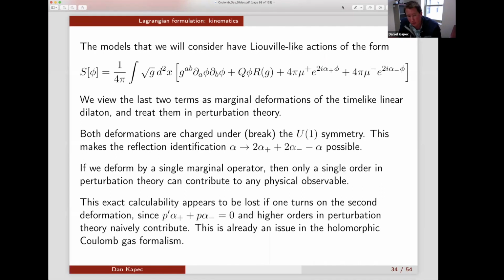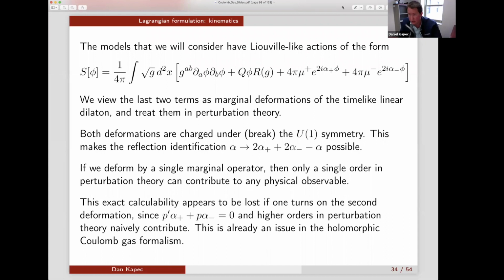It's another important point that if we deform by a single marginal operator, then only a single order in perturbation theory will contribute to any physical observable, okay? You put in a string of exponentials that has some total momentum, it has to equal some real number, which is fixed by Q, and each order in perturbation theory adds a particular amount of momentum because the deformation carries a definite U1 charge.